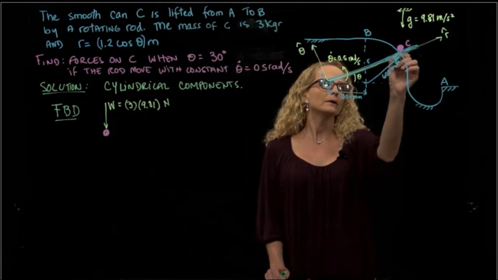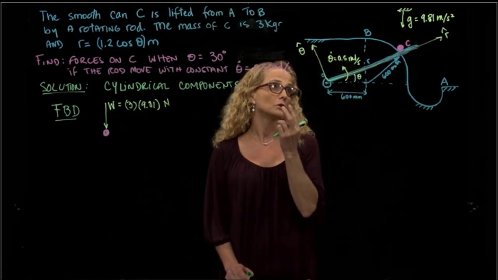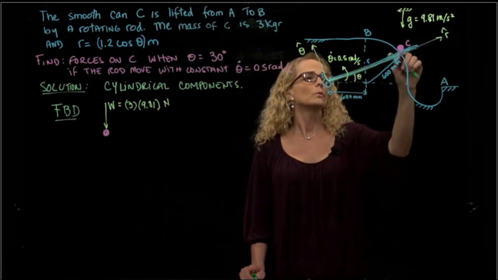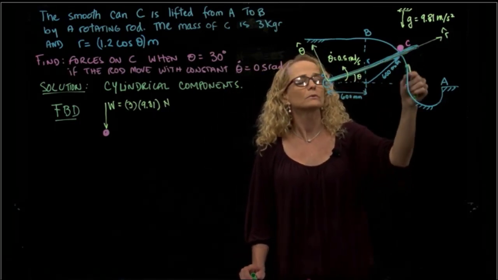The particle C is in contact with two surfaces, because it's in contact with that rod. So we have a normal that is perpendicular to that rod.